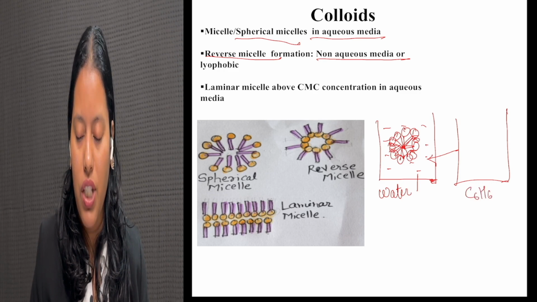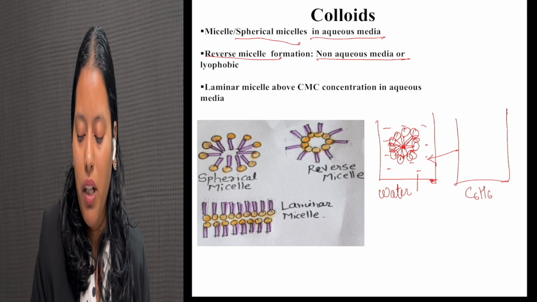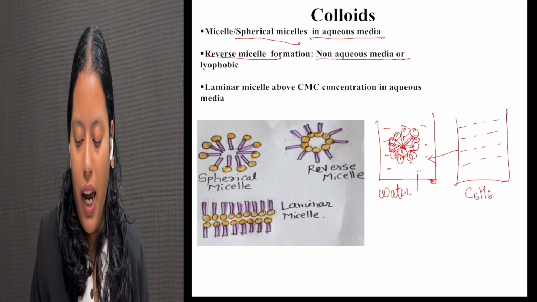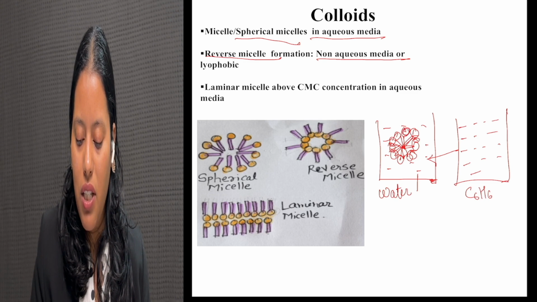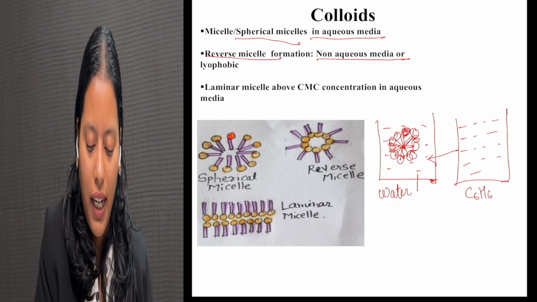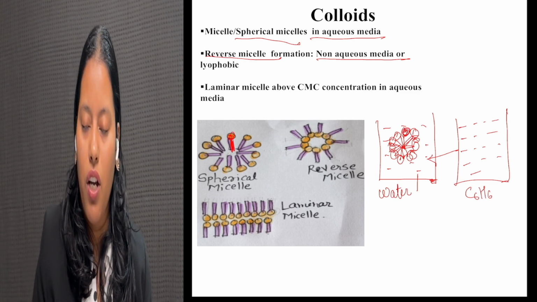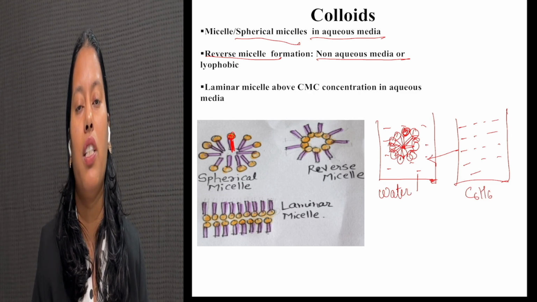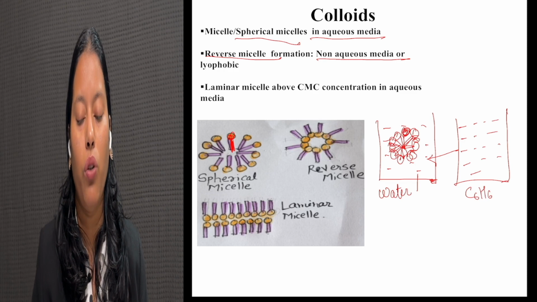Okay, suppose you are changing the water to benzene, then this becomes the non-polar solution or non-polar liquid. And we have seen this is the polar head and this is the non-polar tail. So the non-polar tail now faces outward because the outer solution is now non-polar.